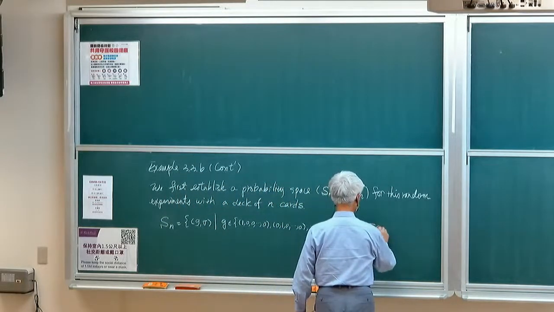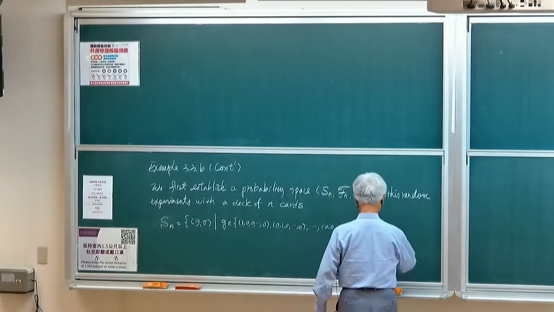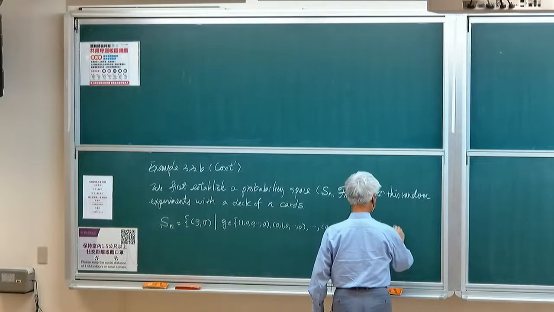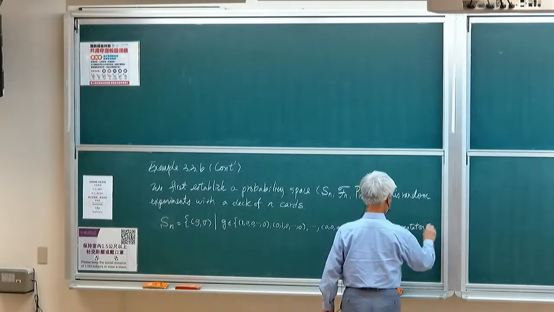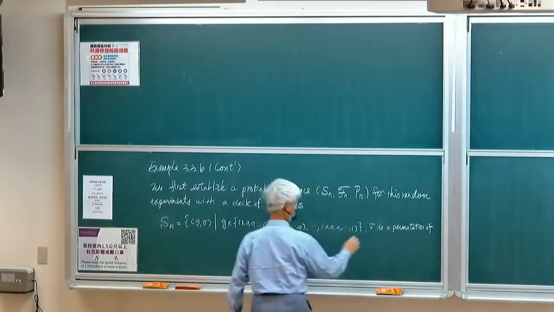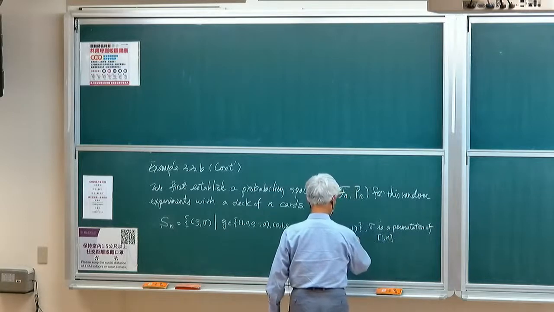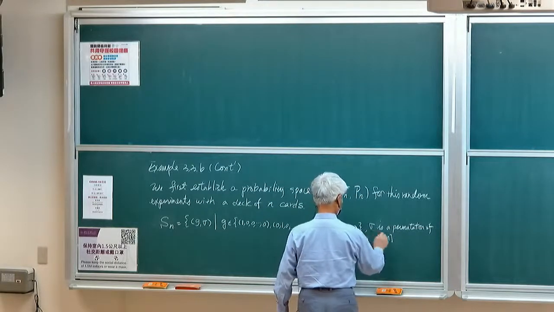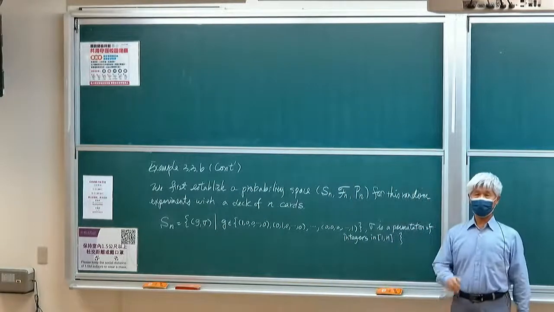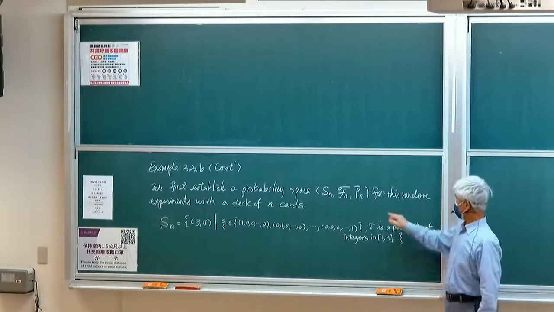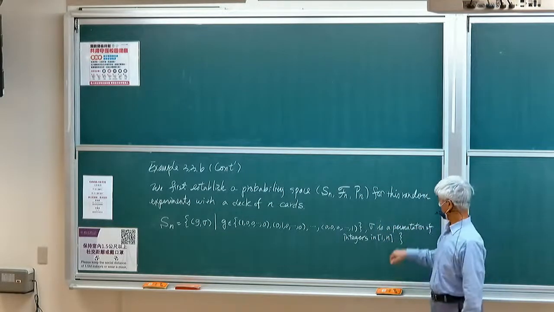And the sigma is a permutation of the integers in this interval, because we index the n cards by positive integers from 1 to n.